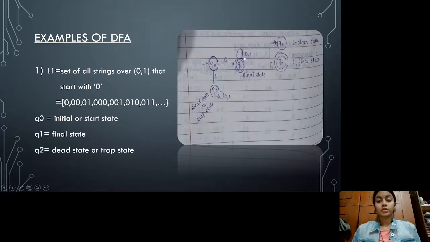To represent an infinite number of strings, we use a self loop like we use over here. Now, a double circle represents that this is the final state. But what if Q0 receives an input of 1, which is not accepted by this language? It quickly moves to the dead state or the trap state. And on Q2, we can have an infinite number of 0s and 1s again.